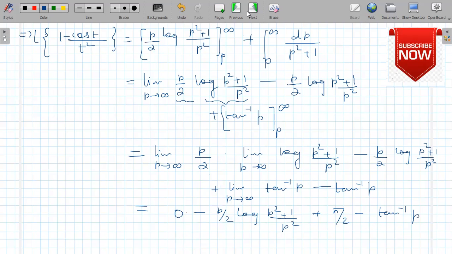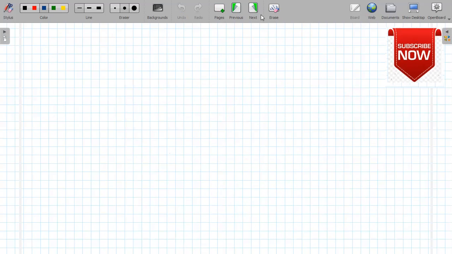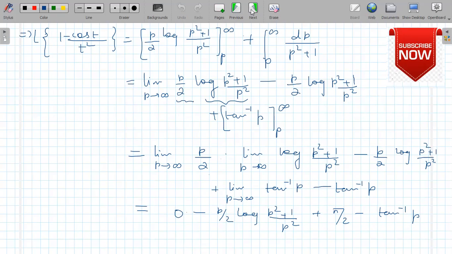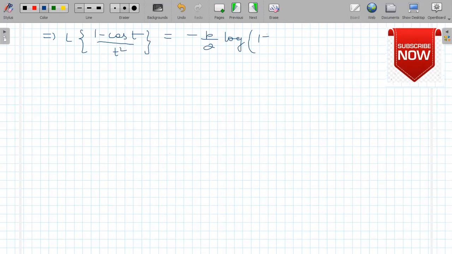Let me do it on the next page. Laplace transform of 1 minus cos t divided by t square will be minus p upon 2 log of 1 plus 1 upon p square.